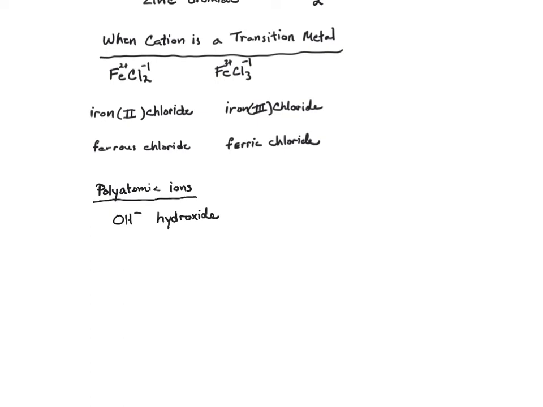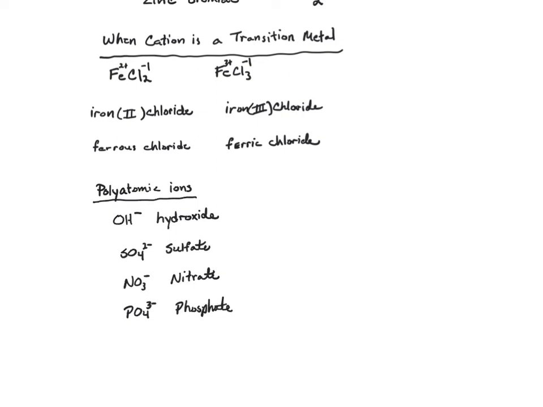Okay, or we could have something like SO4 2 minus, which would be sulfate, or NO3 minus, which is nitrate, or PO4 3 minus, which is phosphate.